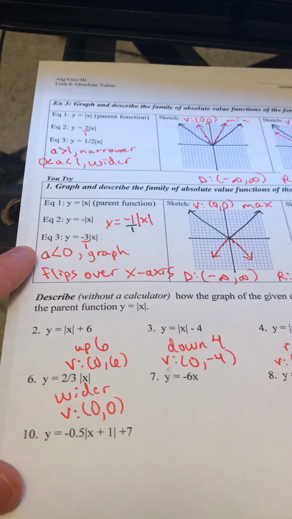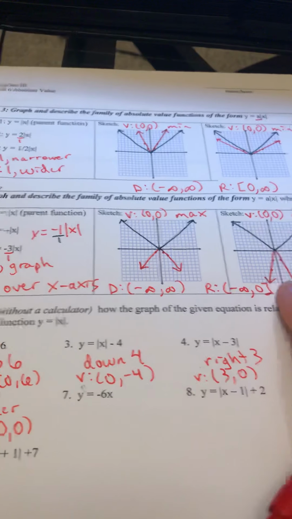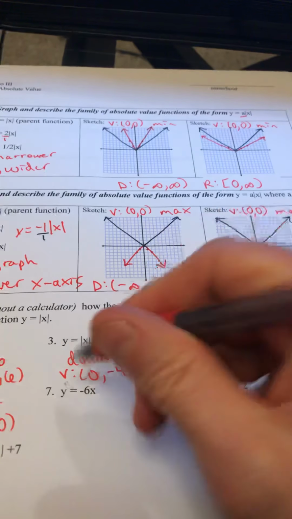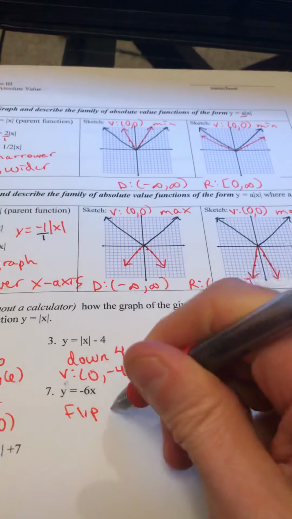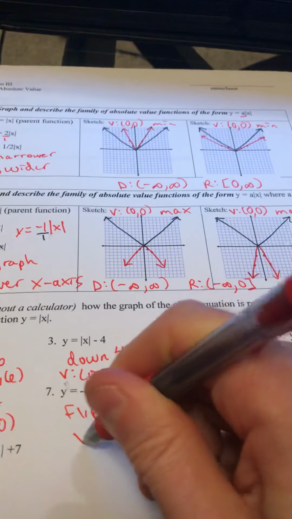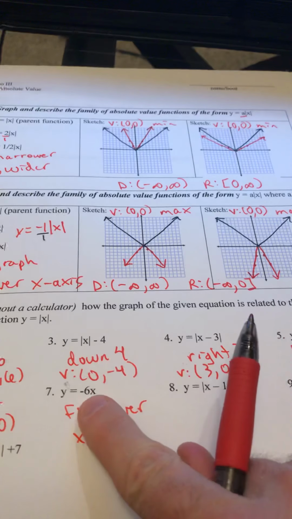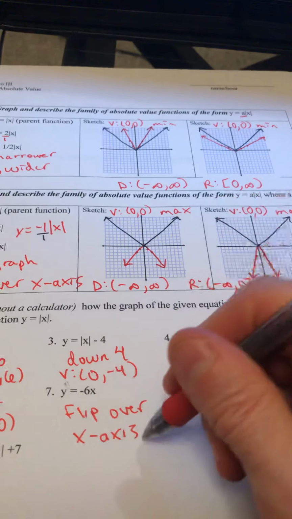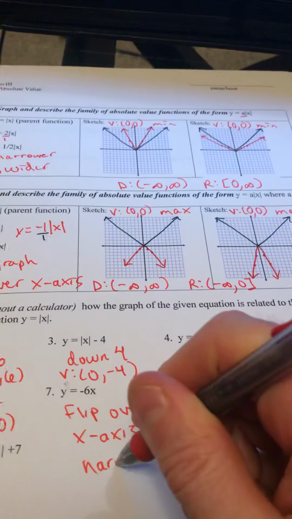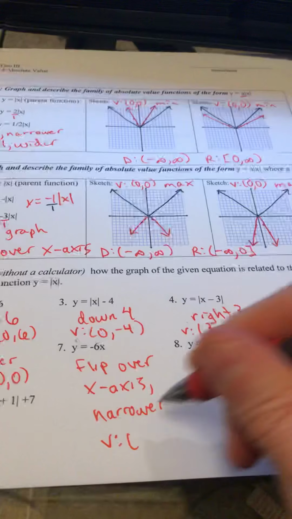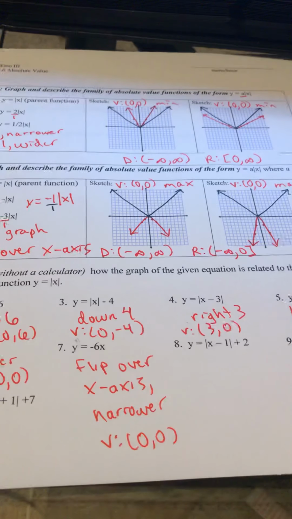It's kind of like what happened on this example. The negative is going to flip over the x-axis. The other thing, 6 is greater than 1. So the graph is also going to be narrower. Your vertex will still be 0, 0.